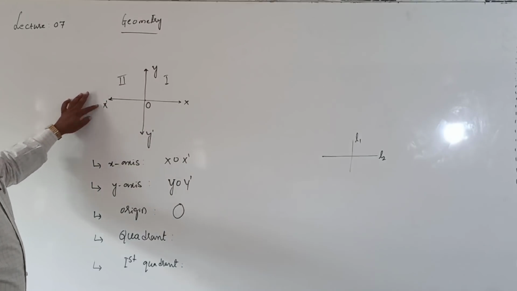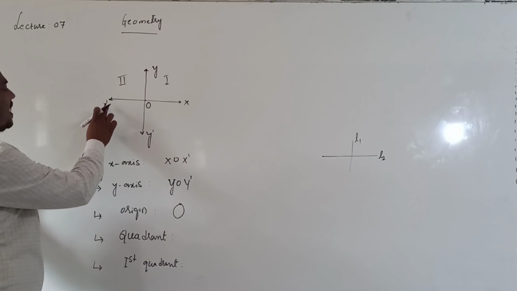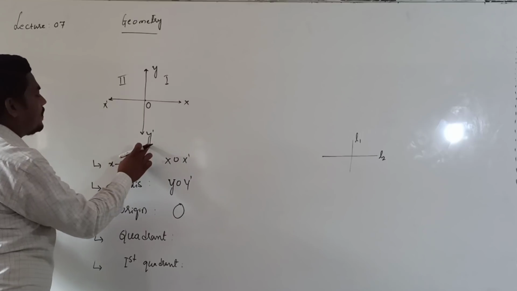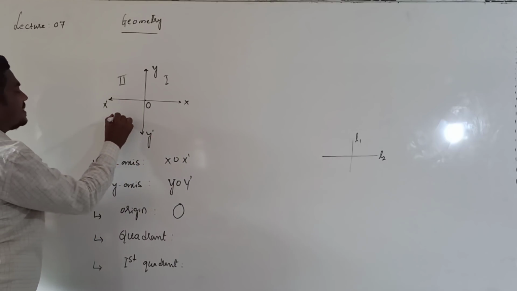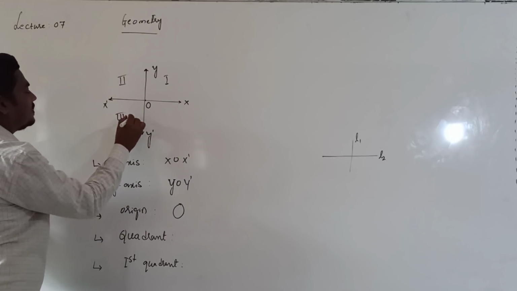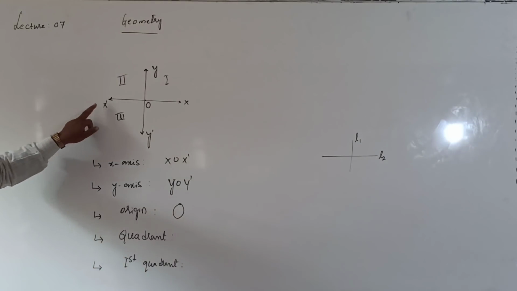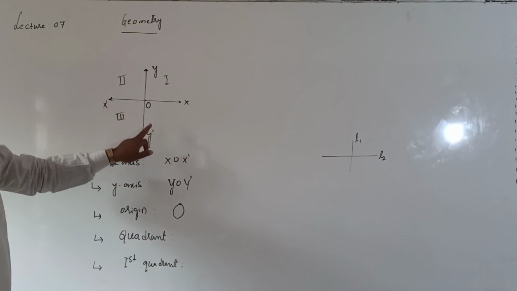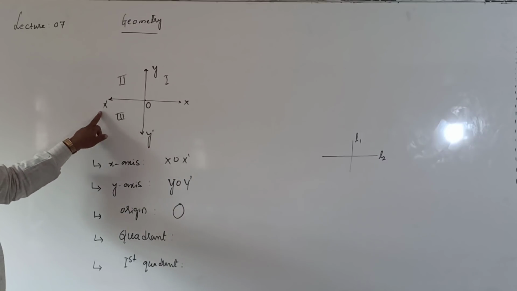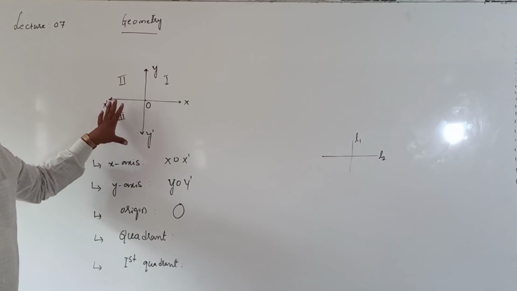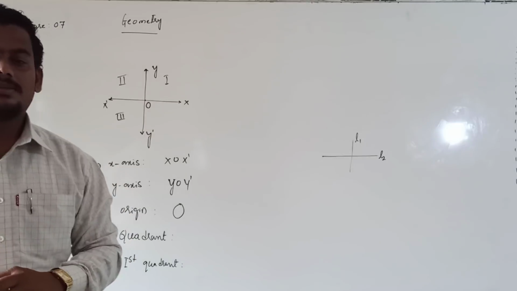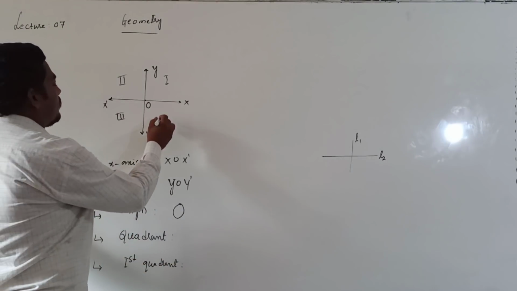Similarly, definition of third quadrant. The part of the plane x prime, o, y prime. This part is known as third quadrant. Then lastly, fourth quadrant.